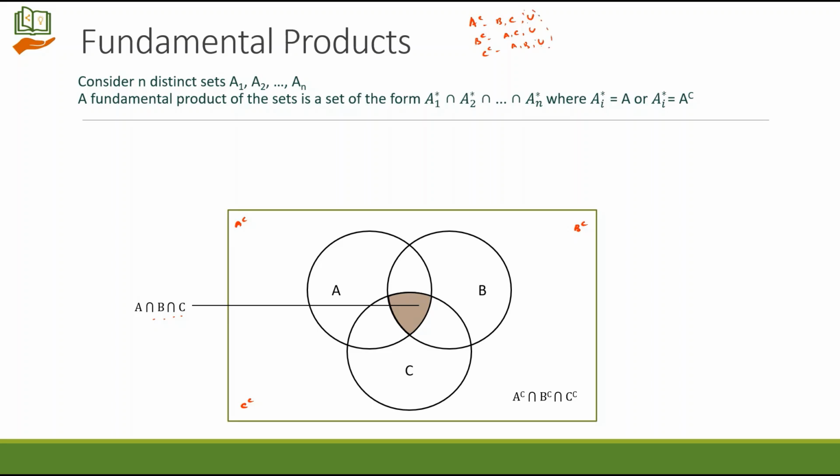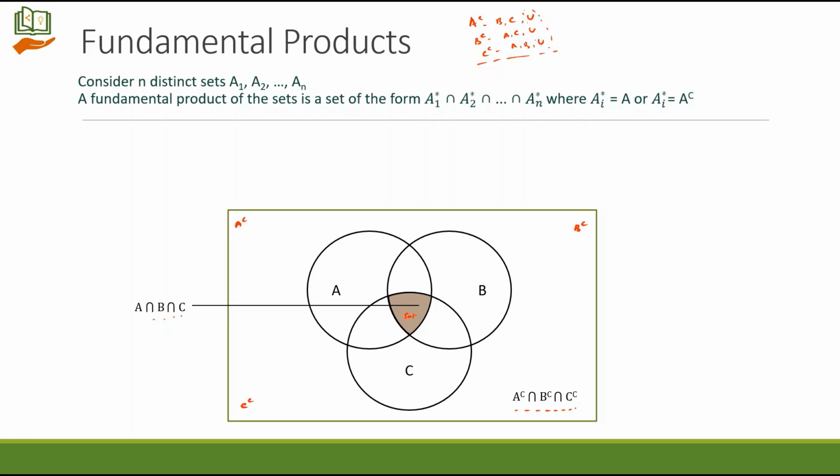The universe part is common here. Except for A, B and C themselves, this universe part is the intersection point of all the three. So if we mark this particular part as the intersection point, then the intersection of their respective complements will be the universal part. So this is what they say.